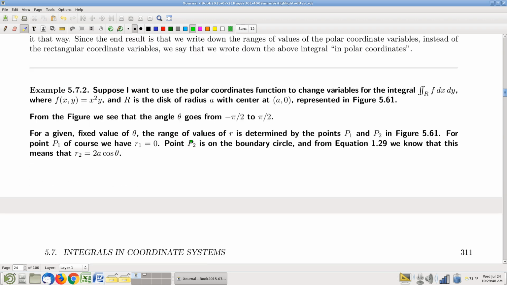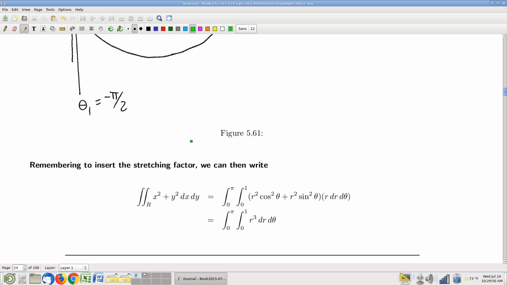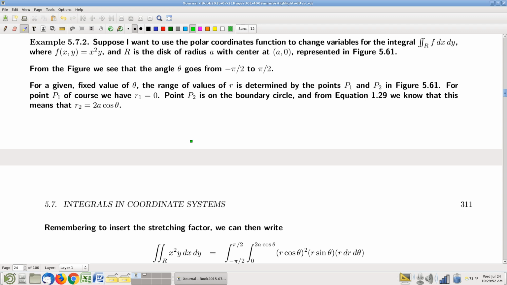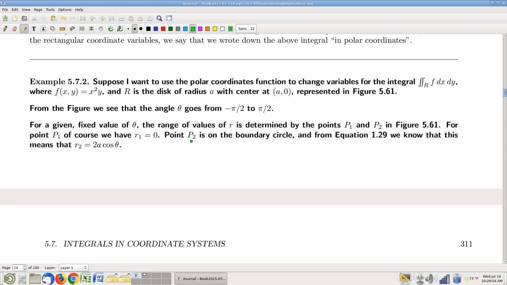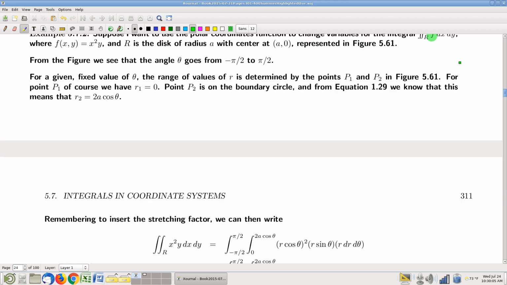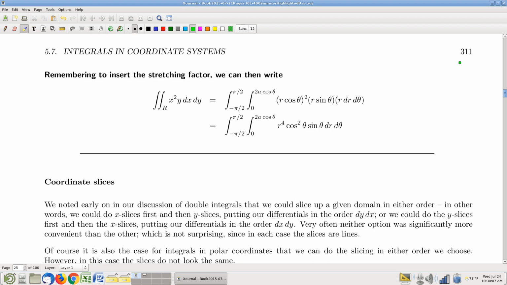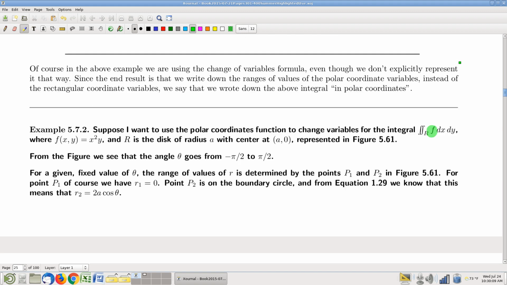Yeah, the integrand, let's see, where is the statement of the question? Here's this. Okay, the statement of the question was that our integrand is f. And when you do a pullback, the only way the integrand changes is by introducing the stretching factor. So that f comes along for the ride. Oh, and I have a formula for f. Here it is. F is x squared y.